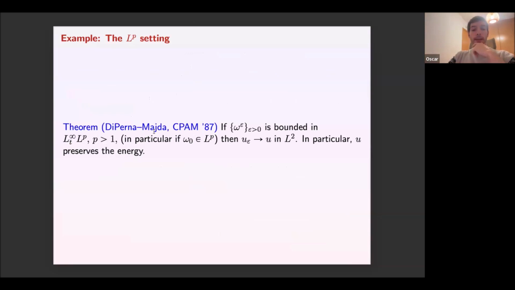A famous result by DiPerna and Majda asserts that if the family of approximating vorticities is bounded in L^p, in particular, this is the case if the initial vorticity belongs to L^p via well-known conservation laws, then we have a strong convergence of the related set of velocities to a weak solution u of the Euler equations. And in particular, u conserves the kinetic energy.